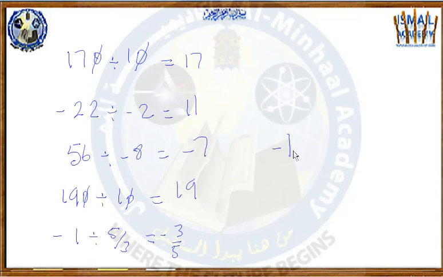Alright, we have minus 1 divided by 5 over 3. When we have division with fraction, pay attention to this. When we have division with fraction, what we do? We always keep the first number and change. Even if you have fraction, keep the first number and change. Make it multiplication. Change the division to what?